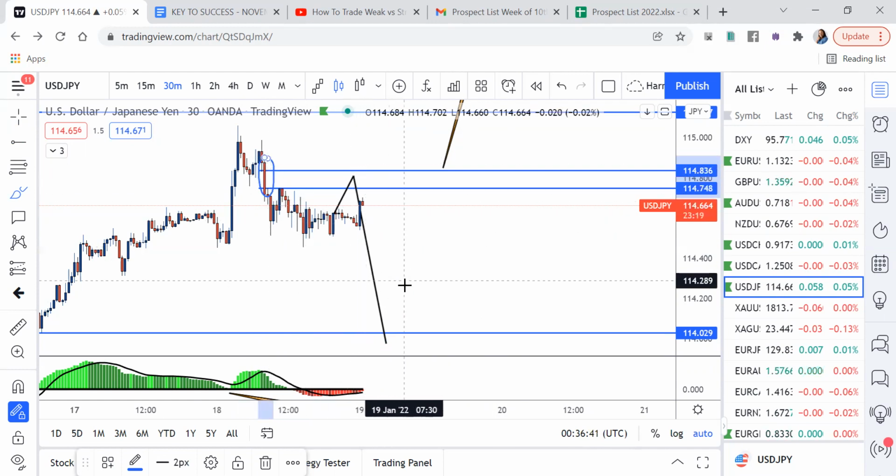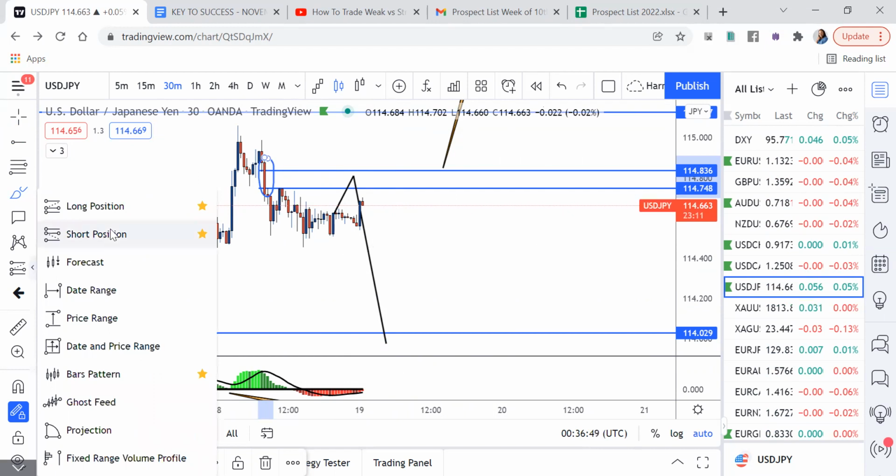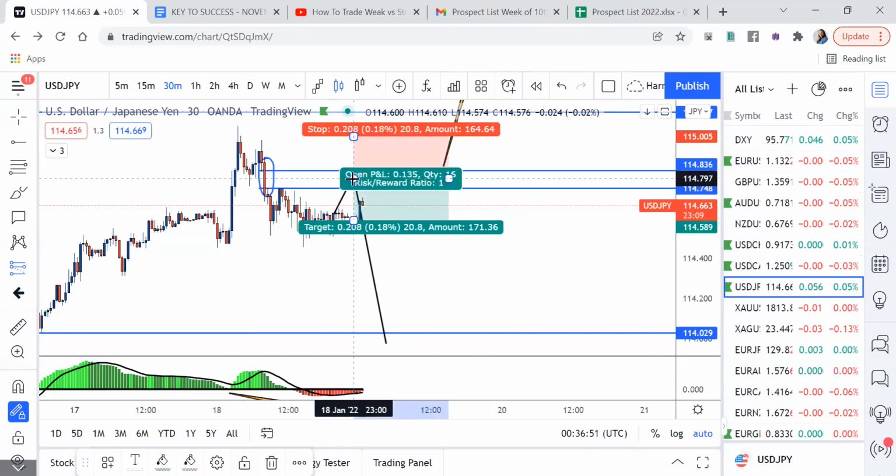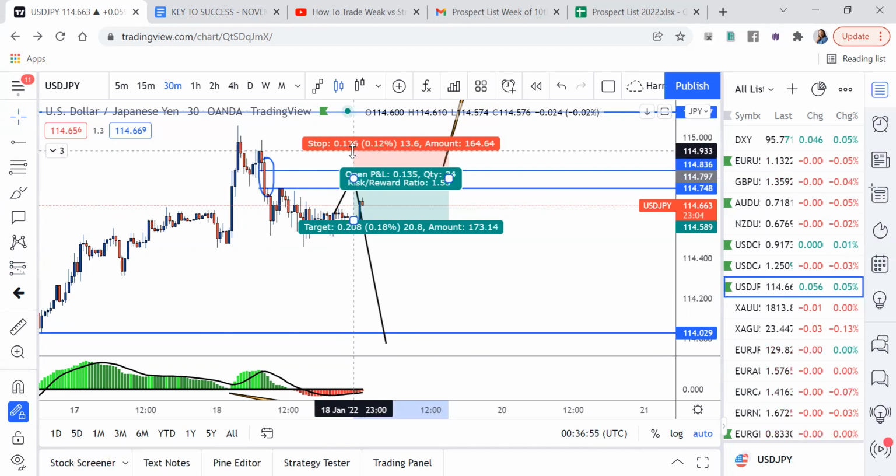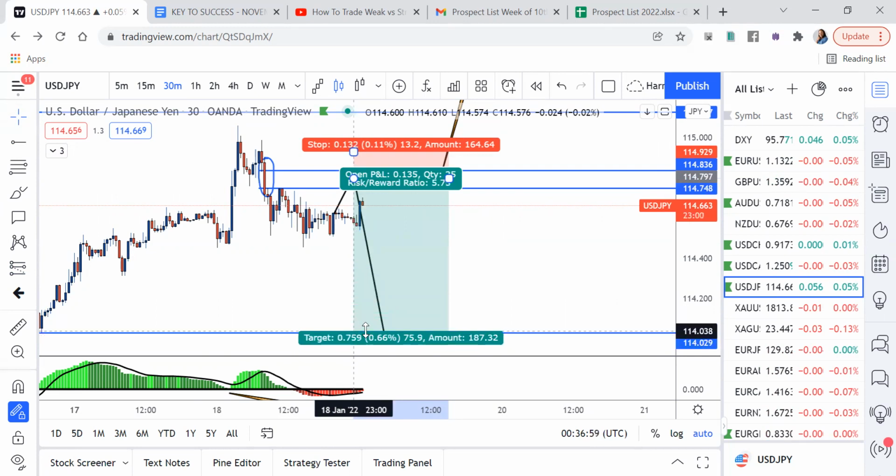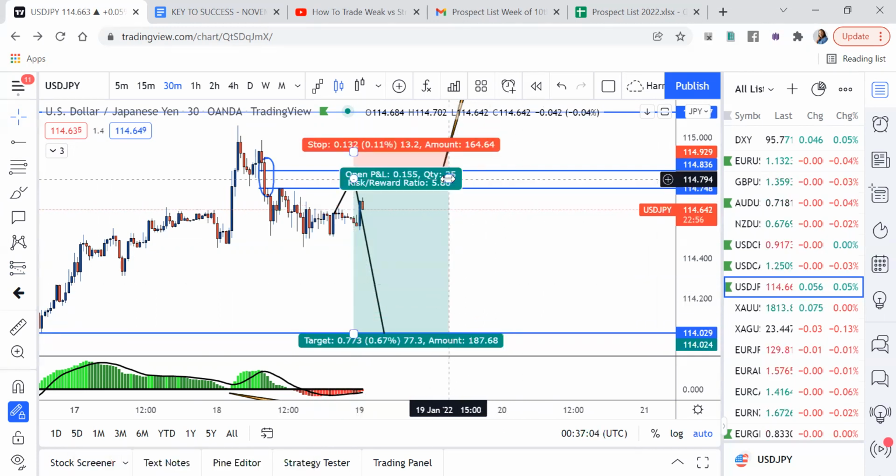So we get a retest here and then a push to the downside. And this should be a really, really lovely trade. Let me drop my position on it. All right, this is the setup.